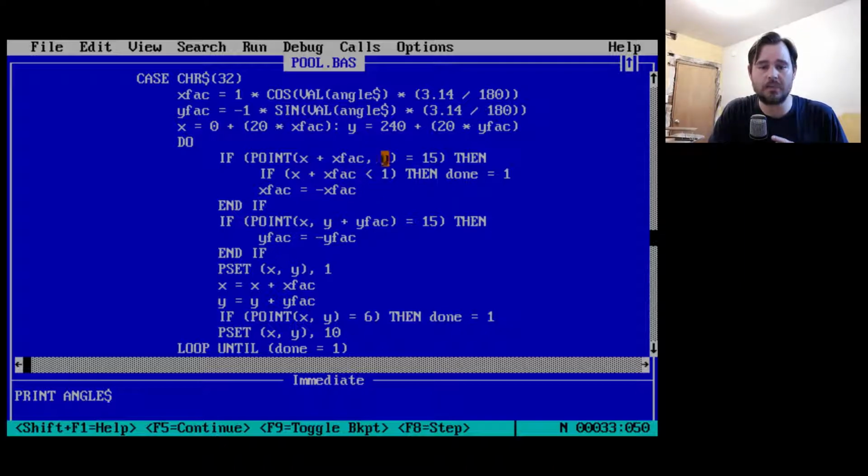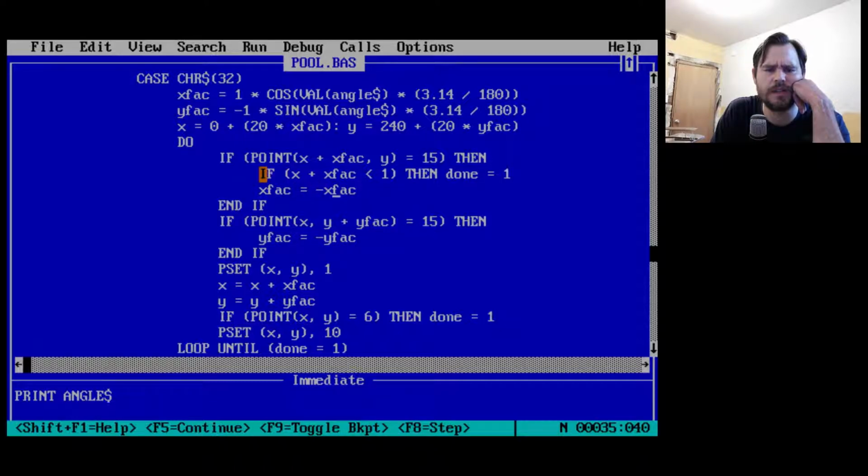If x plus xfac is less than 1, that means I'm off the screen, then done equals 1. Otherwise, negate xfac. So start traveling backwards on the horizontal.